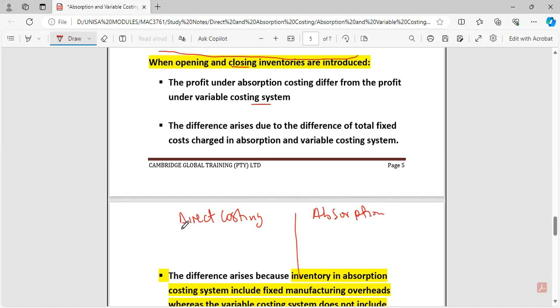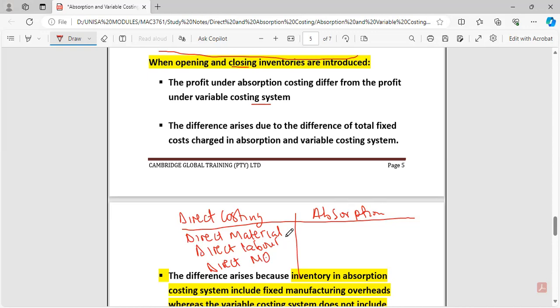Right, you will see that when you do your inventory valuation under direct costing, you are going to use direct material, direct labor, and variable manufacturing overheads.